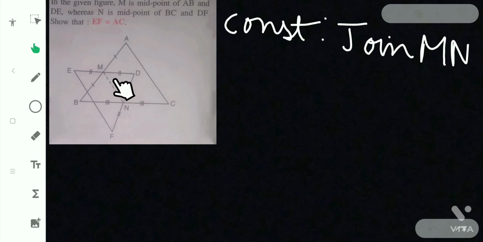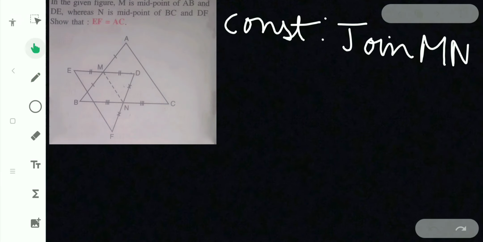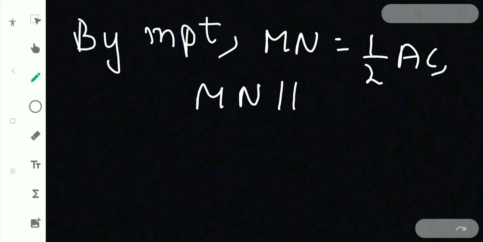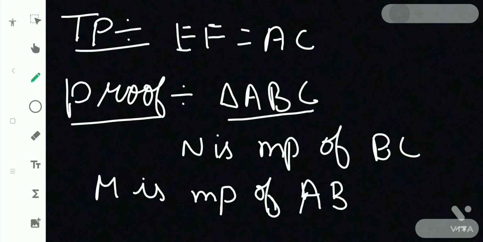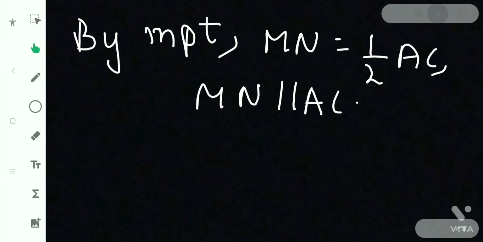By midpoint theorem, we are having MN is equal to half of AC and MN is parallel to AC. Let us make it equation number 1.